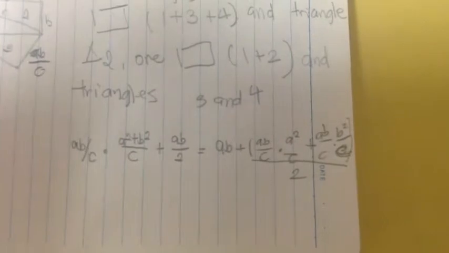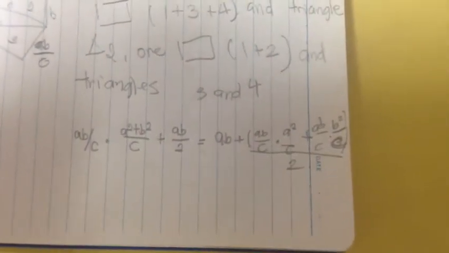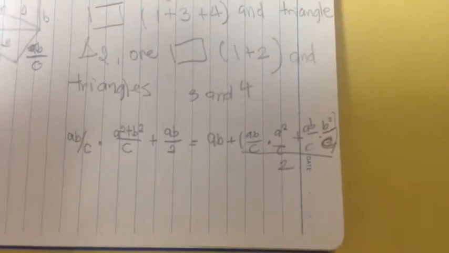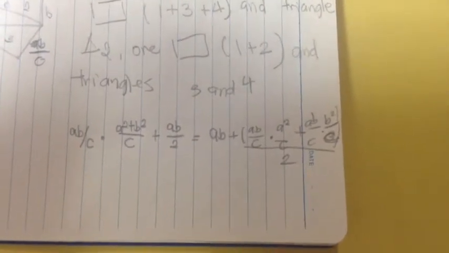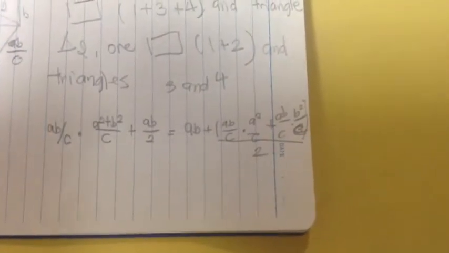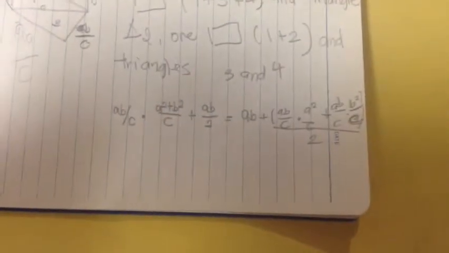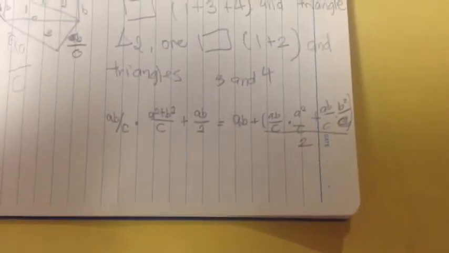Equating the areas, we get AB over C times (A squared plus B squared) over C plus AB squared equals AB plus AB over C times A squared over C plus AB over C times B squared over C, with both over 2 being the same. And this we can simplify.